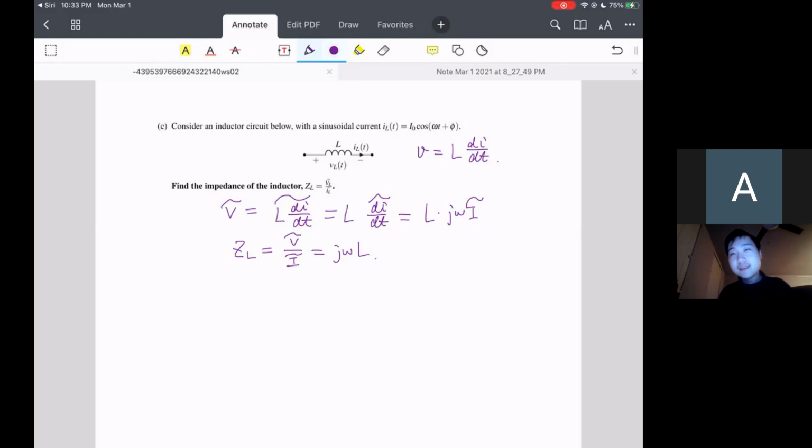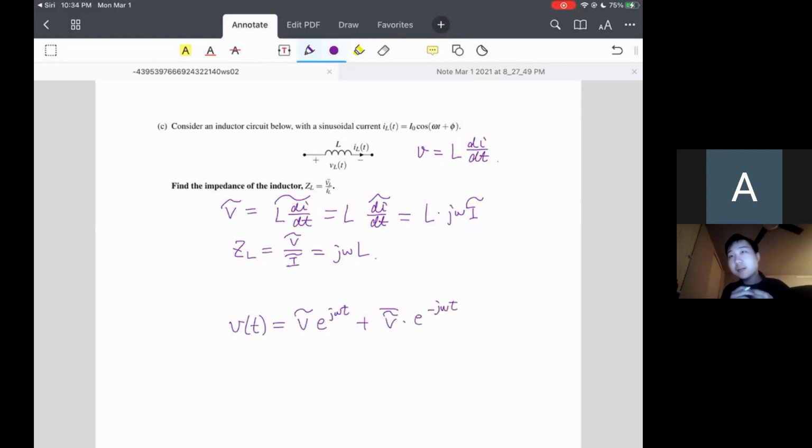So that means if the input is sinusoidal, we can turn things into phasor domain, solve it as if it were a resistor circuit, find the phasor voltage, V out tilde, for instance, and then turn it back into the regular domain using the formula we just derived, namely V(t) equals V tilde e to the j omega t plus the conjugate of V tilde times e to the negative j omega t.